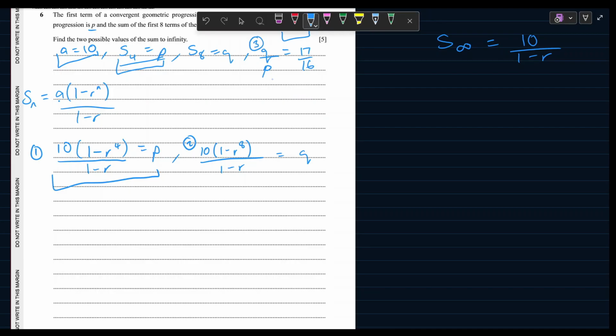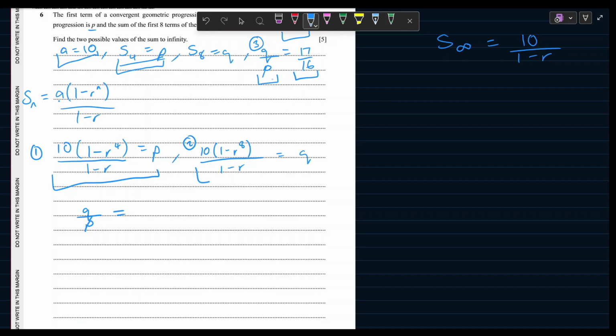So we want to use these first 2 equations to get an expression for Q over P, and it's going to be in terms of R. Once we have that expression for Q over P, we just equate it to 17 over 16 and solve for R.